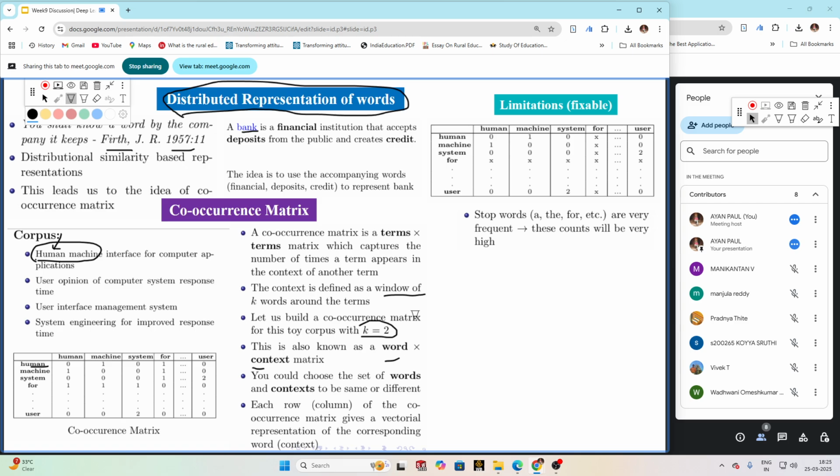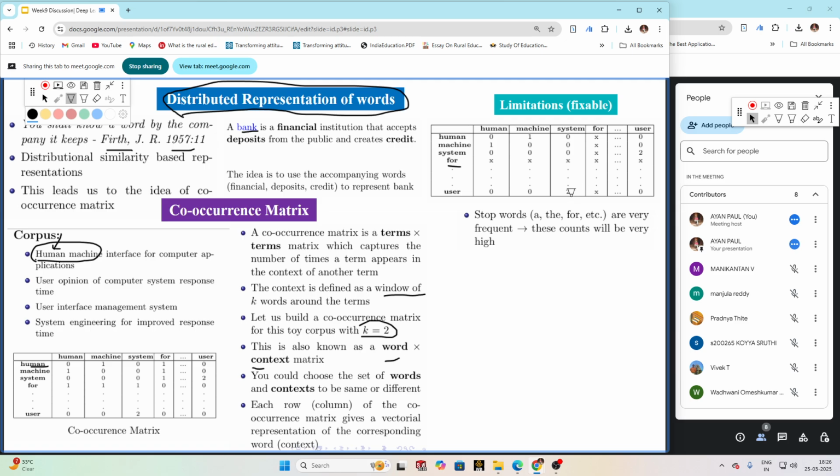So these are the words that are known as stop words. If we have a large corpus, for these stop words in the context, we will have many values like 100, 200, 300. So that is not important to us.